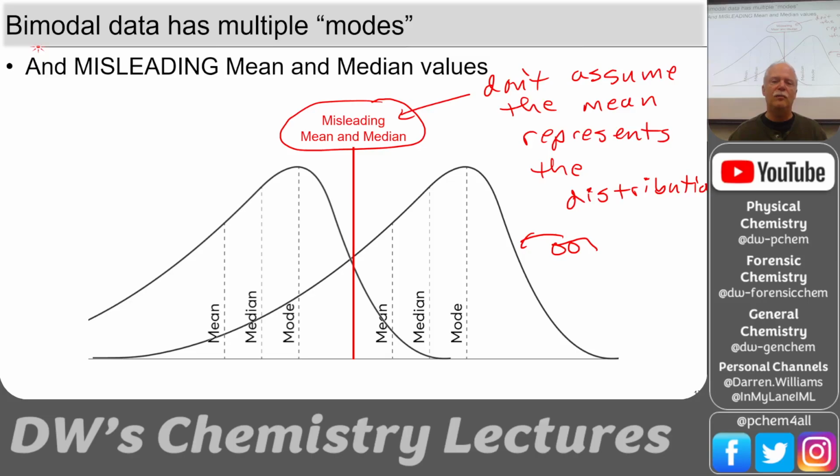And if you have multimodal data, this is bimodal, so you really want to look at 2 means, 2 medians. These are representative of the 2 distributions you have there. The overall mean and median is misleading because the probability of being at the overall mean is less probable than any of the other individual numbers.